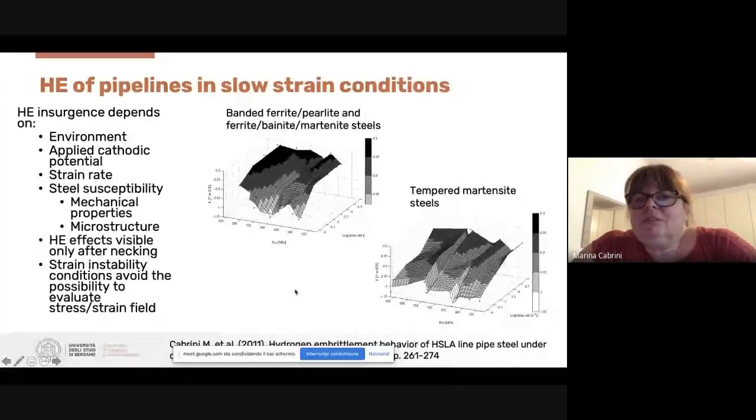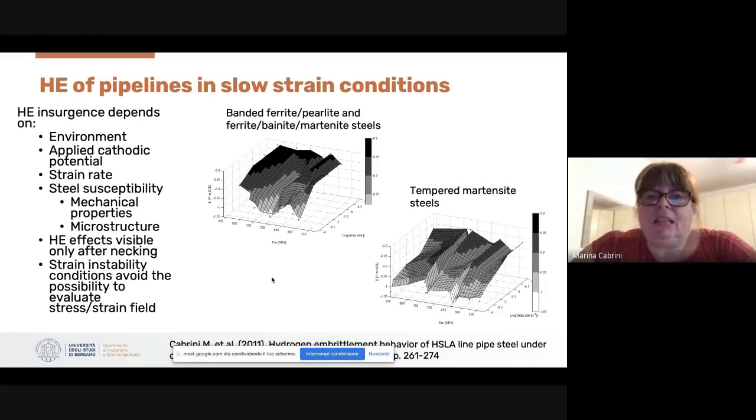But it's also interesting to see the effect of the tensile stress of the steel, because it's not as expected. We observe a linear increase of the hydrogen embrittlement susceptibility with increasing tensile stress, because generally for banded ferrite-pearlite steel, the increase of the tensile strength is obtained by reducing the grain size, and a reduced grain size is beneficial for hydrogen embrittlement resistance.